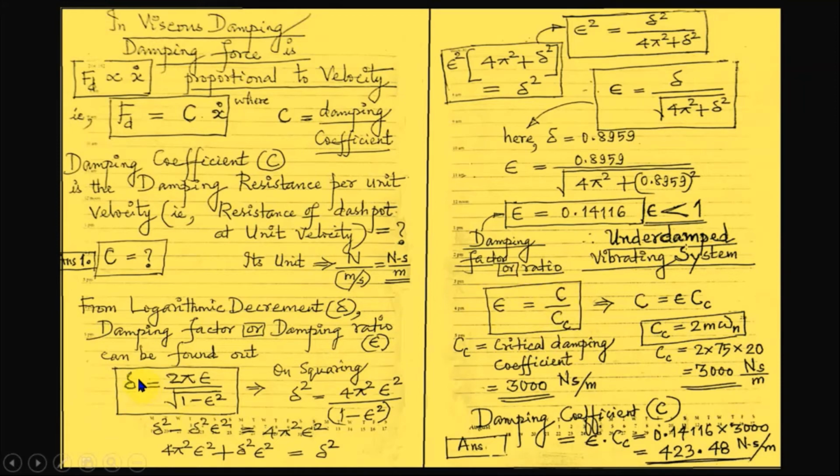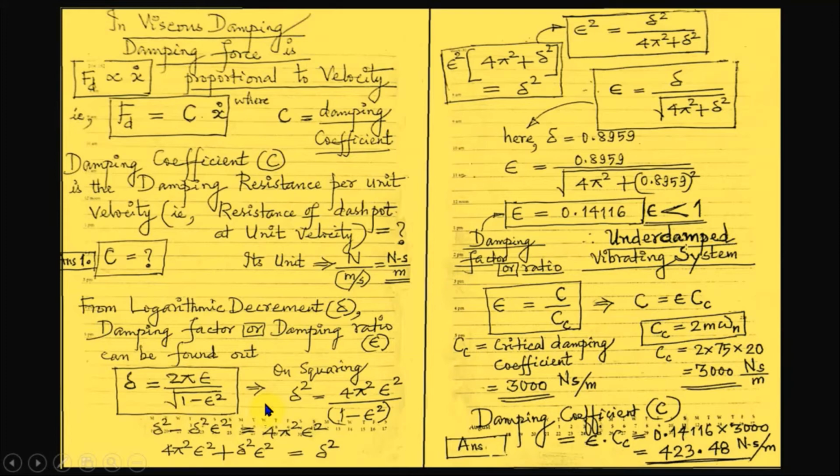So here delta is available and you have a relation delta is equal to 2 pi epsilon divided by square root of 1 minus epsilon square. And if you make some algebraic manipulation, you can write epsilon in terms of delta.